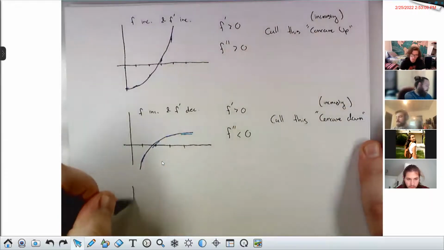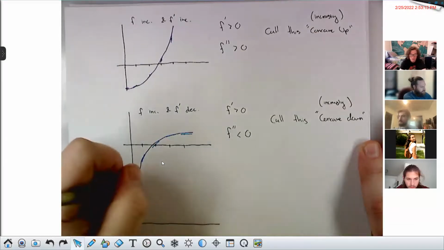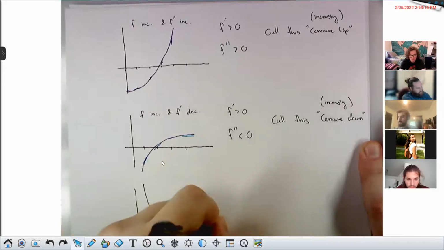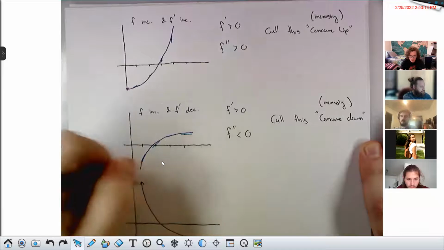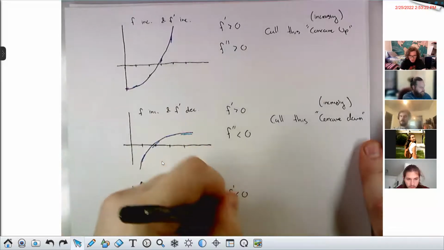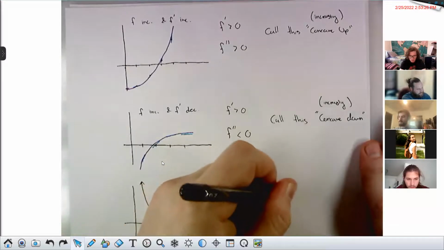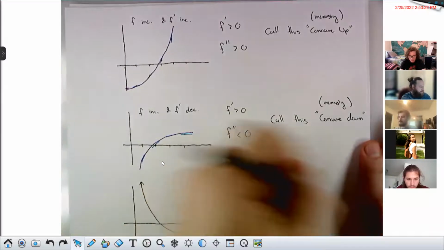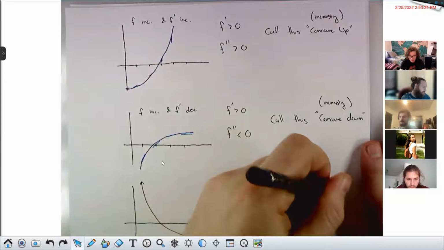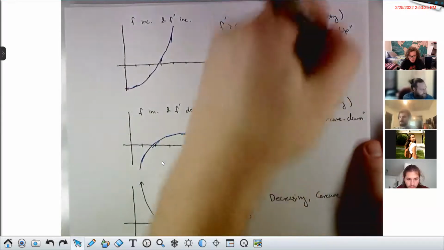And without going through so much hullabaloo, here is decreasing concave up. This would be f prime is negative, f double prime is positive. This is decreasing concave up. I don't know if they hyphenate these or not.